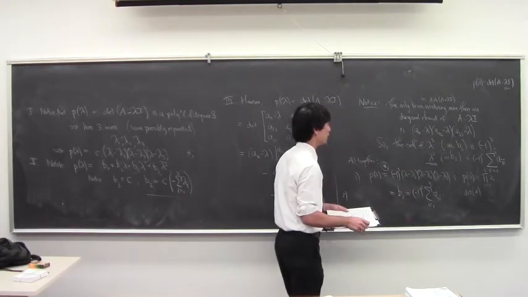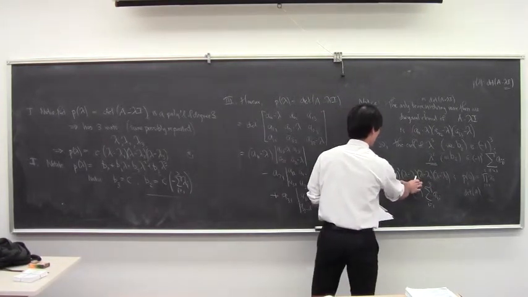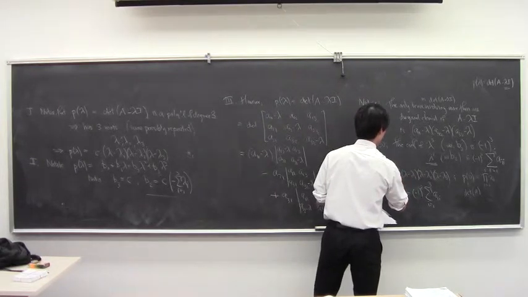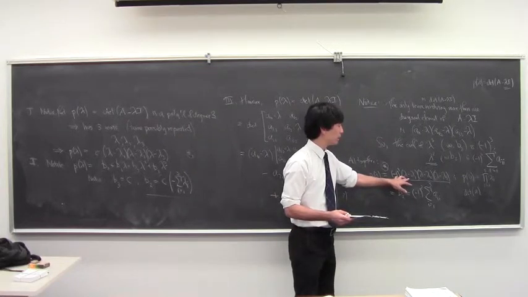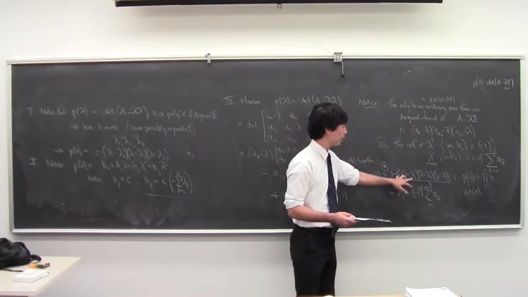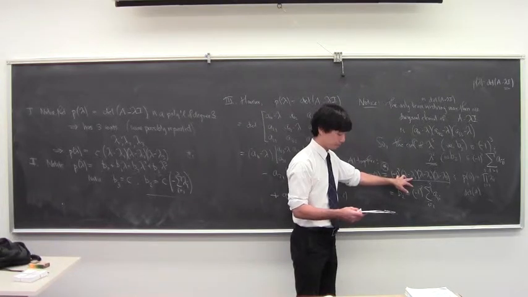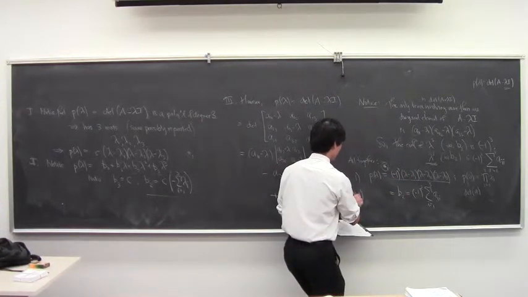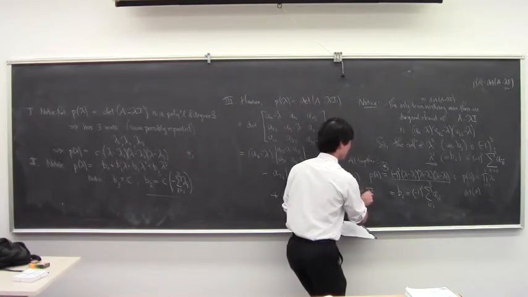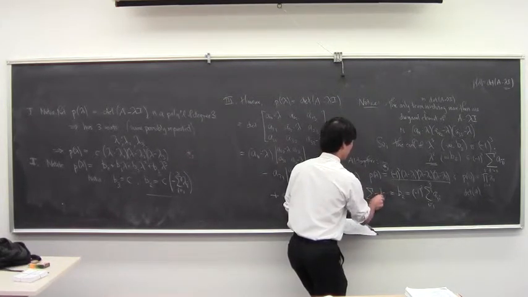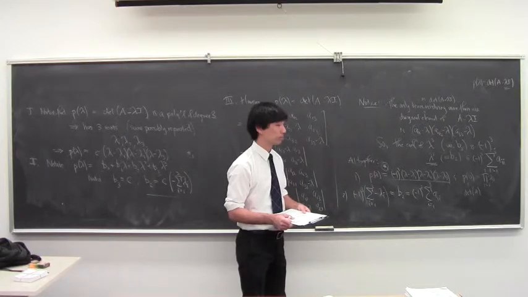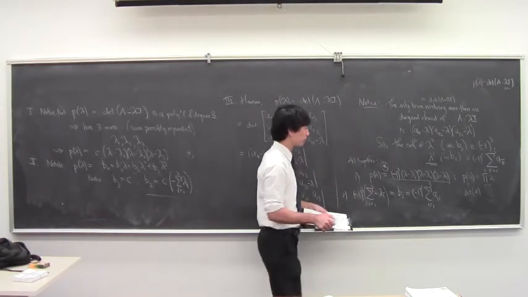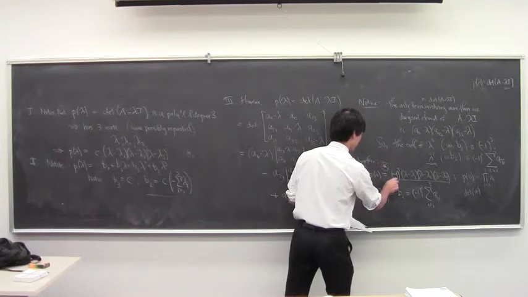But if we look in here at the coefficient of lambda squared, it's going to be -1 cubed times the summation of negative lambda i, i equals 1 to 3.